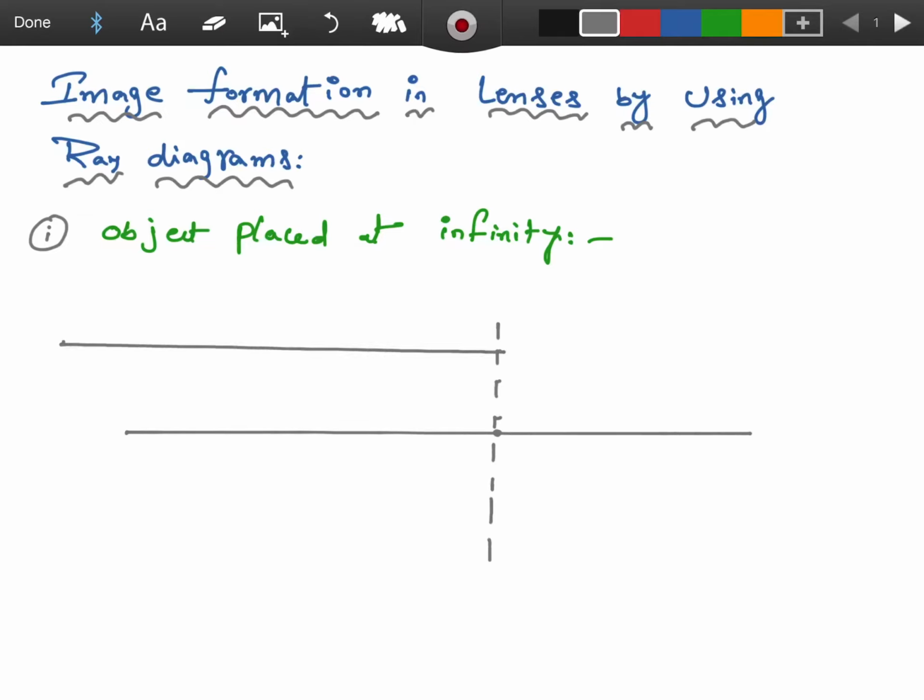Light rays incident on the convex lens, after refraction they will meet at one point. That point is called principal focus, like this.